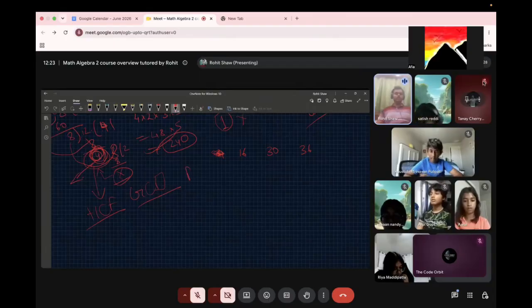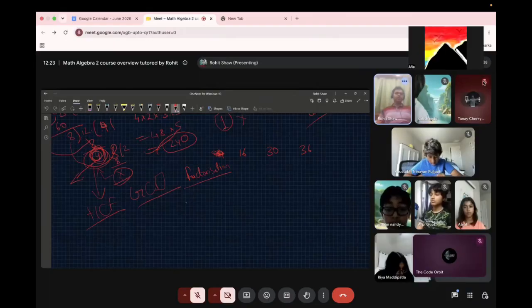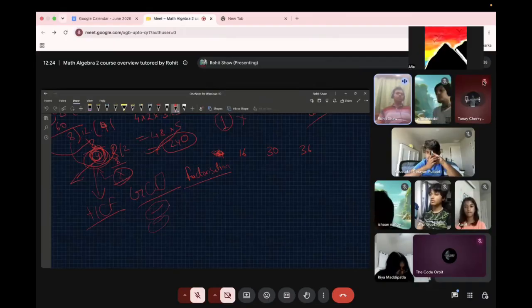There is a term called factorization. Before that, decimal numbers are not included in primes. Prime and composite numbers are only for integers.